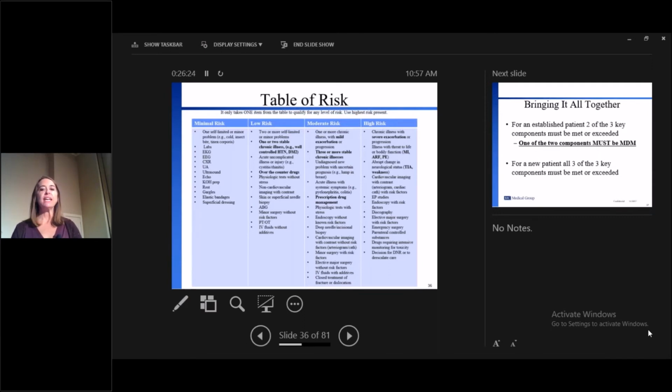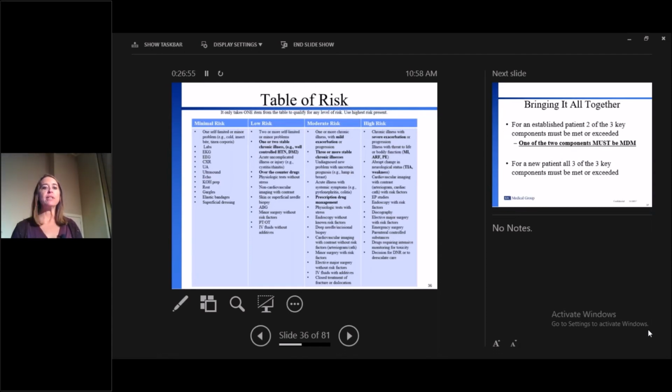Or if they have any acute changes to their neurological status. I was fine yesterday and now I can't stand up straight. I'm falling to the right. If they're having TIA symptoms or that acute weakness, those are high risk categories. And so you're going to want to make sure that you're documenting that. I've got a bunch of other things, but in primary care, these are going to be the easy things for you to find and to see that are going to show you which category you can be in.